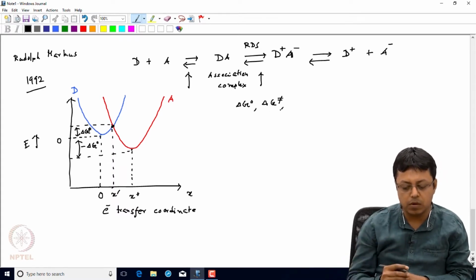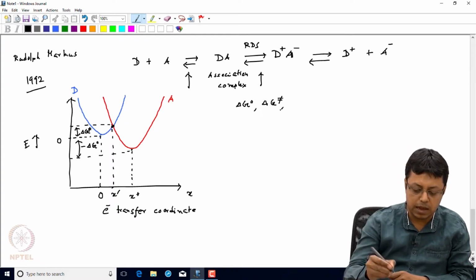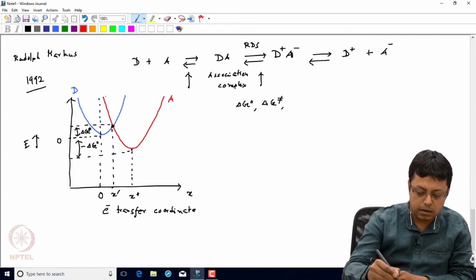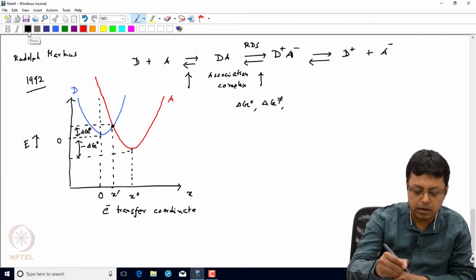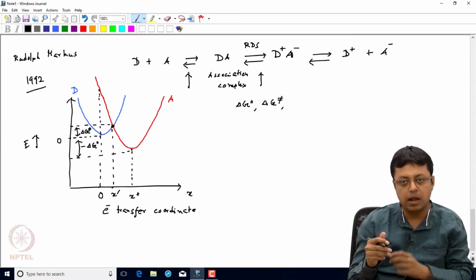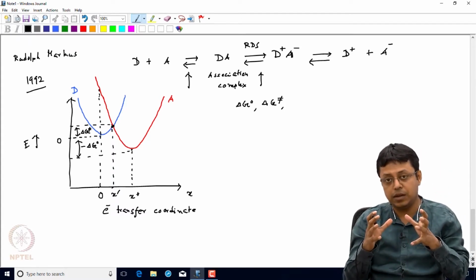And there is also one more interesting parameter. If I just excite the donor vertically, it is an electronic excitation again.